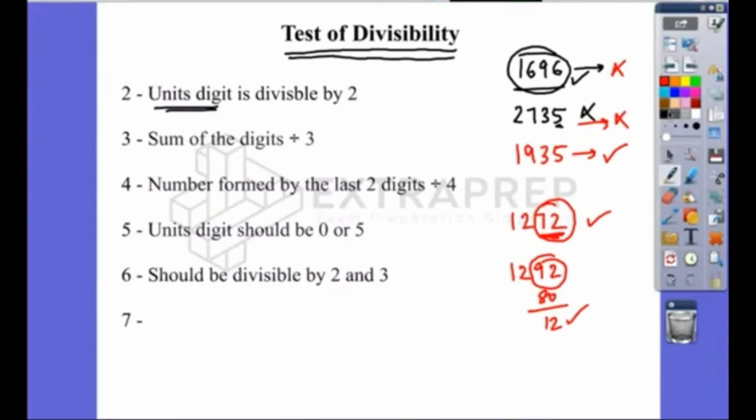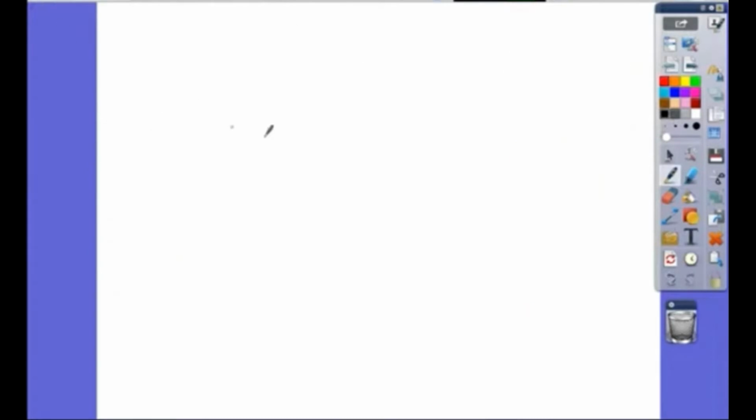You can do such things by breaking up numbers. I'll give you one more example. What is the remainder when 1000 is divided by 7? First, you will have to take a number that's definitely divisible by 7, and it should be less than 1000. We definitely know that 700 is divisible.